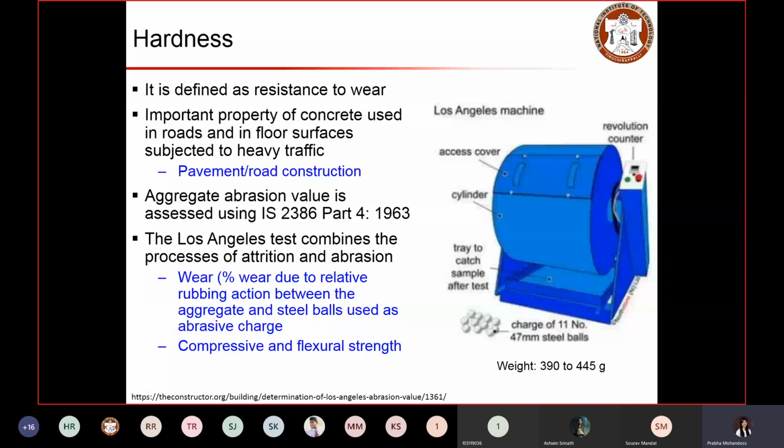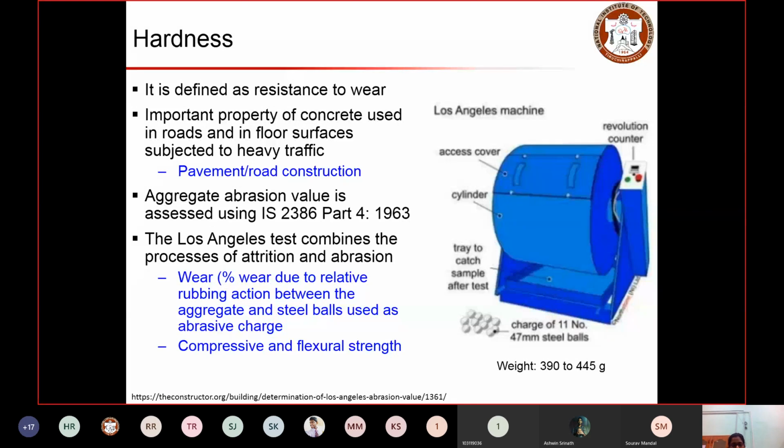As the name indicates, hardness is defined as resistance to wear. A lot of the aggregates in concrete we generally use for road pavements or road constructions. In such cases, those materials will be exposed to heavy traffic conditions where vehicle tires will cause abrasion on top of the members.